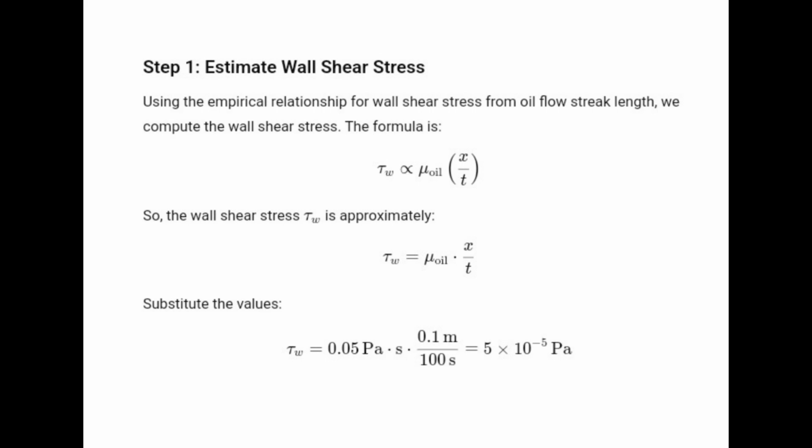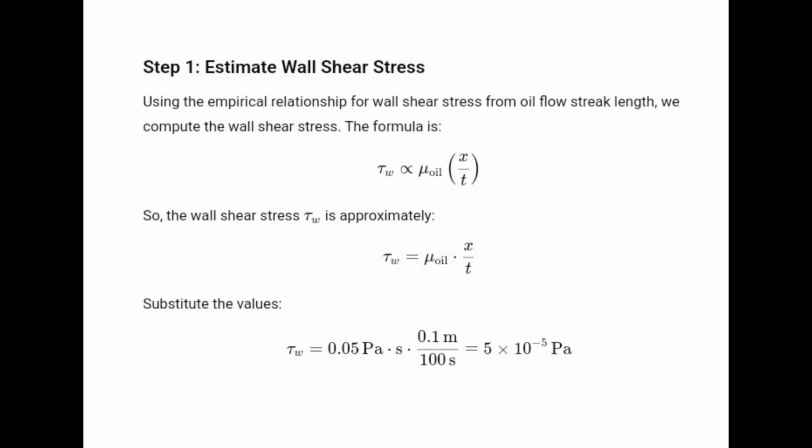Using the empirical relationship for wall shear stress from oil flow streak length, we compute the wall shear stress. First we have the formula: tau, the wall shear stress, is equal to mu, the oil viscosity, times distance over time.